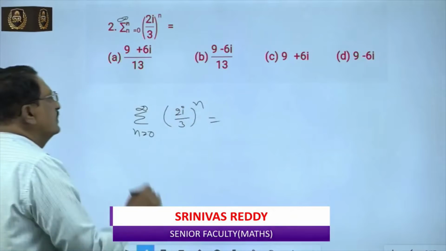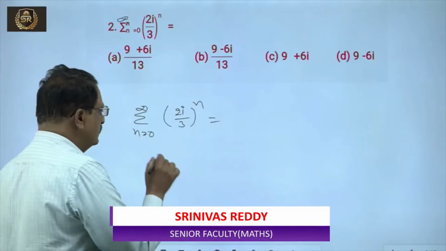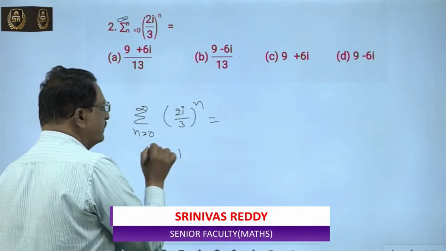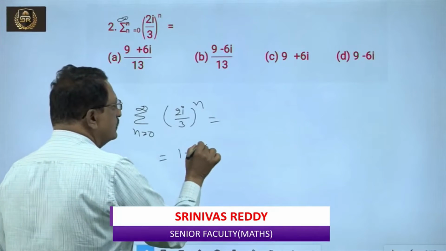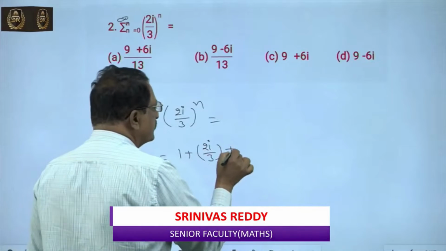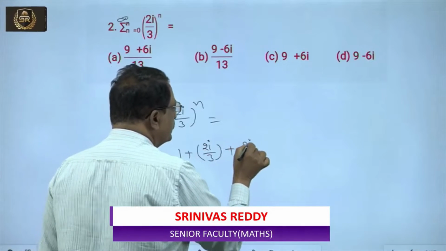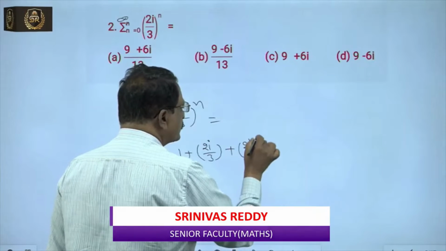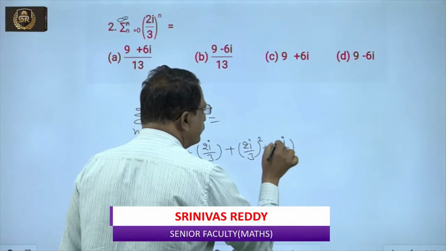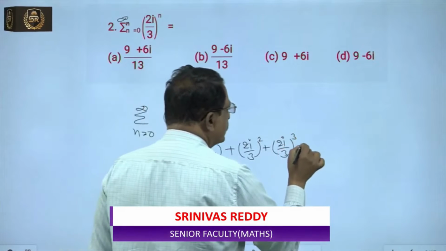Now sigma is nothing but summation. First n equals 0, substitute, we get 1; n equals 1, 2i by 3, plus n equals 2, (2i by 3) whole square, plus (2i by 3) whole cube, up to so on infinite.